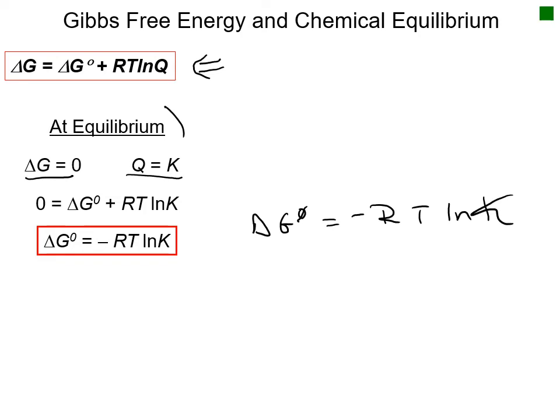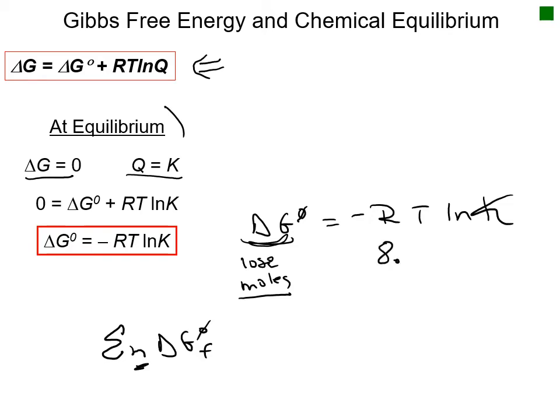Now we do have one issue with this, and that is when we're finished calculating delta G naught, we lose the units of moles. Remember that delta G naught here is the summation of the number of moles times the delta G naught of formation, and when we do this, our moles term is gone. Well, the problem with that is R here, because this is in energy, is 8.314 joules per mole Kelvin. Over here, there's no moles, so we're just going to do something appallingly sloppy.